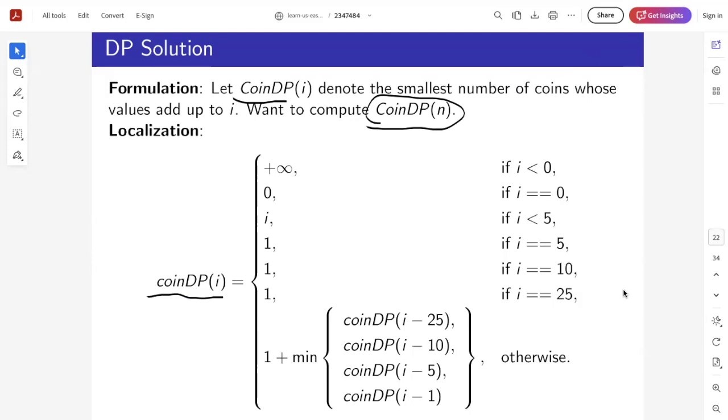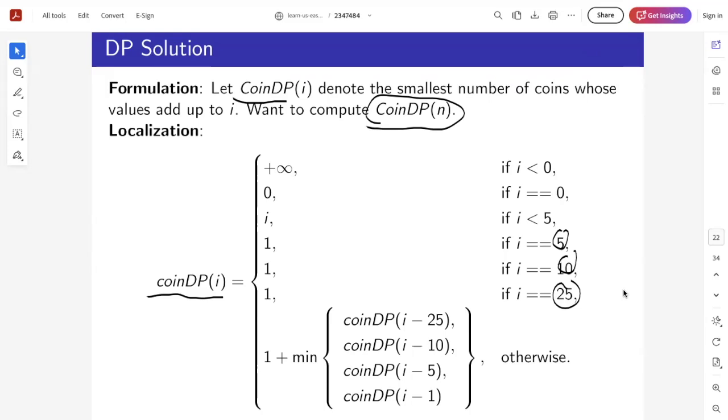So we come up with a recurrence relation. This I value could be, because we have 4 different denominations, 5, 10, 25, and 1. So first of all, we'll see if I is less than 0, and then it's impossible.